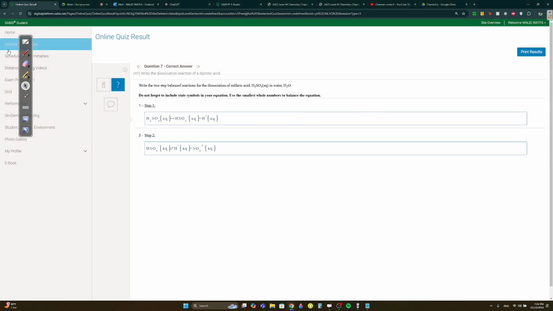Question 7. Write the two-step balanced reactions for the dissociation of sulfuric acid in water. Okay. H2SO4 in water, dissociated. Sometimes we write it like this. We say 2H plus and SO4 2 minus. This is one complete step. But whenever you have a diprotic acid, how many times does it dissociate? Obviously 2 times.